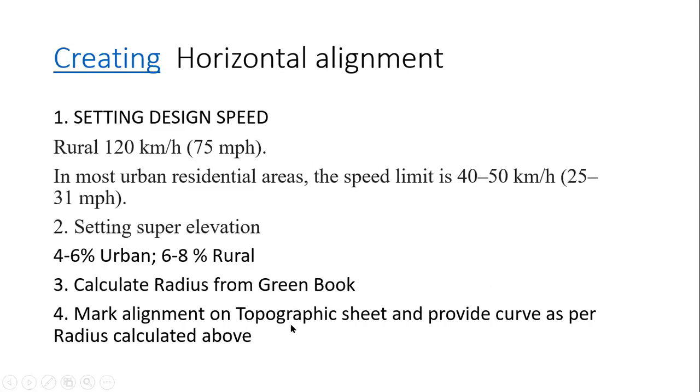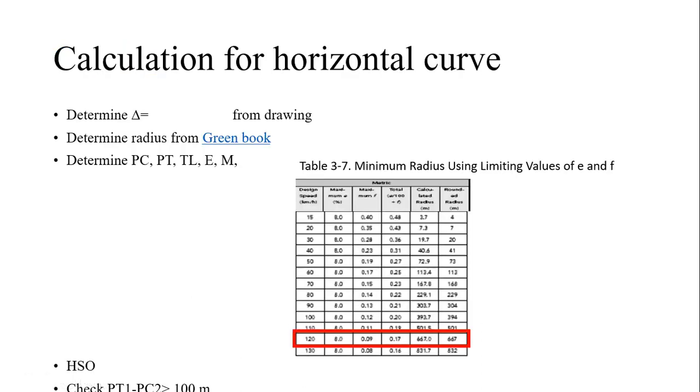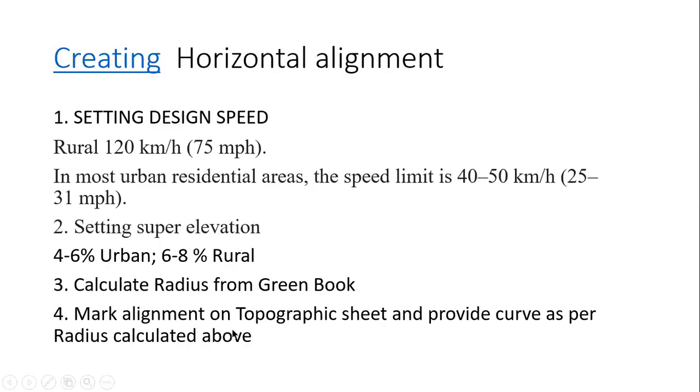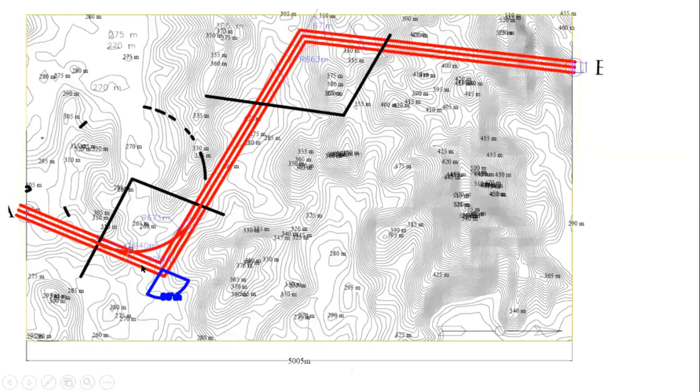Once the radius is known, you have to know the delta. How you will know this delta is, if you extend this line, you will get the delta for this curve.